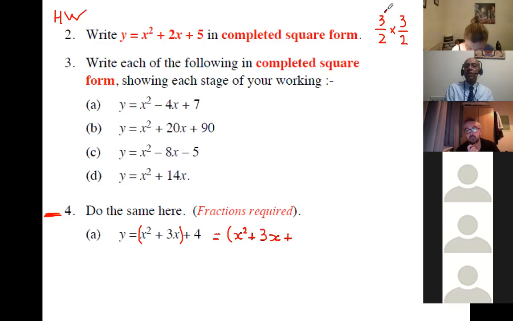We times the numerators, and we times the denominators. So we've added 9/4. That was the only difficulty here, but now we need to compensate. Because we've added 9/4, we need to take away 9/4. Okay, minus 9/4.